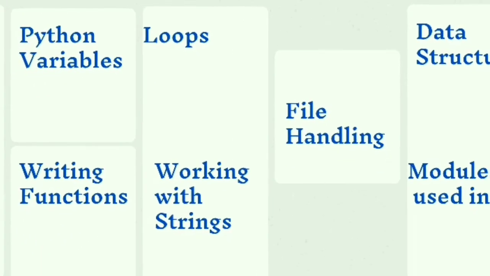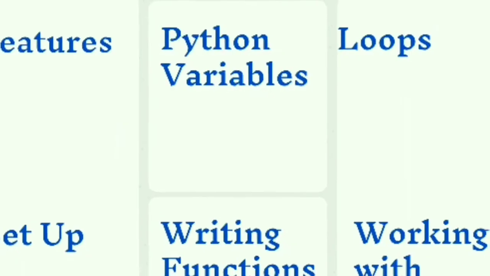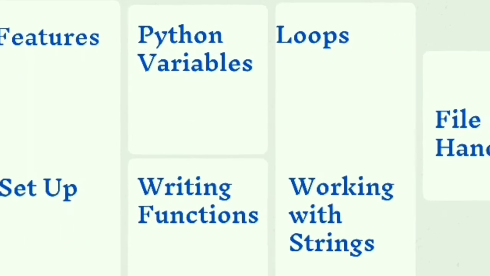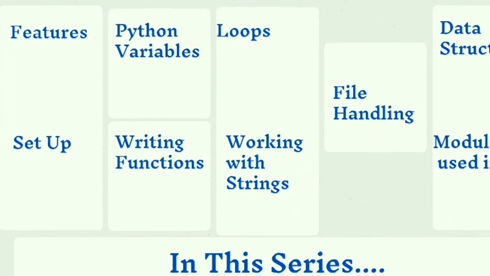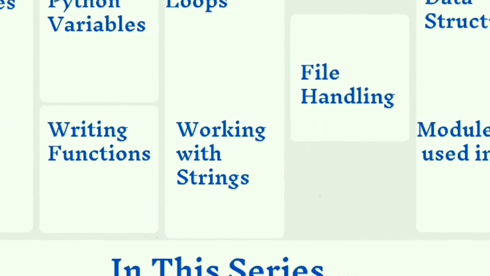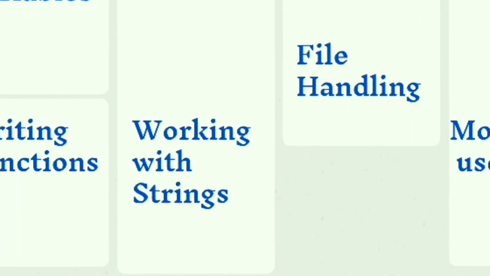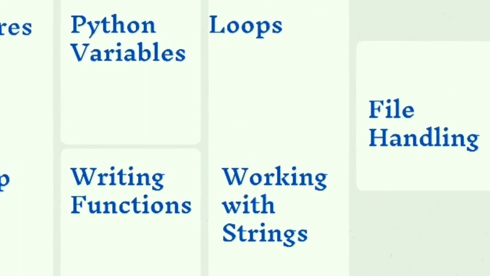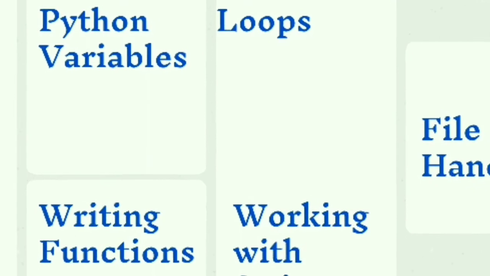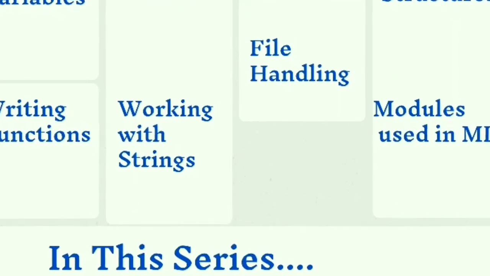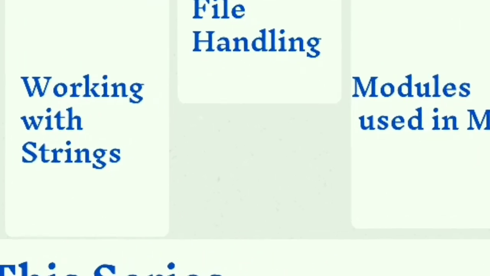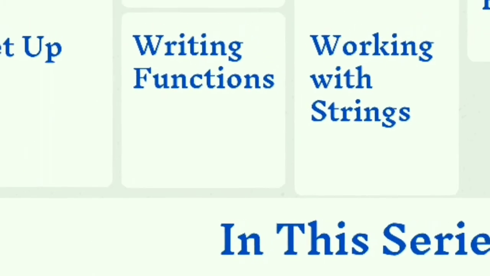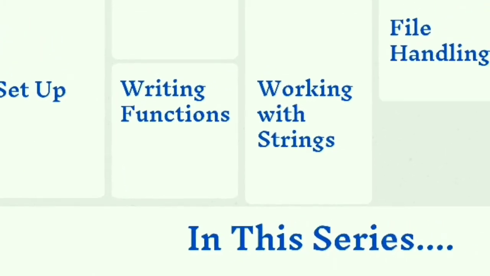So starting with features, the salient features that make this language special, and then how to install it, how to deal with Python loops, what are Python variables and data types, writing functions, working with strings, the basic file handling operations, data structures like sets, tuples, lists, and dictionaries that serve as a building block.